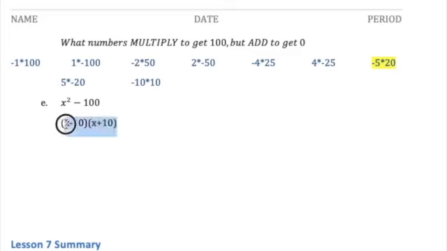And I threw a couple of these problems out here when we were first learning how to multiply these expressions together, just so you'd be aware that sometimes that middle term cancels out. Because when I multiply this out, I'm going to get x squared minus 10x plus 10x minus 100.